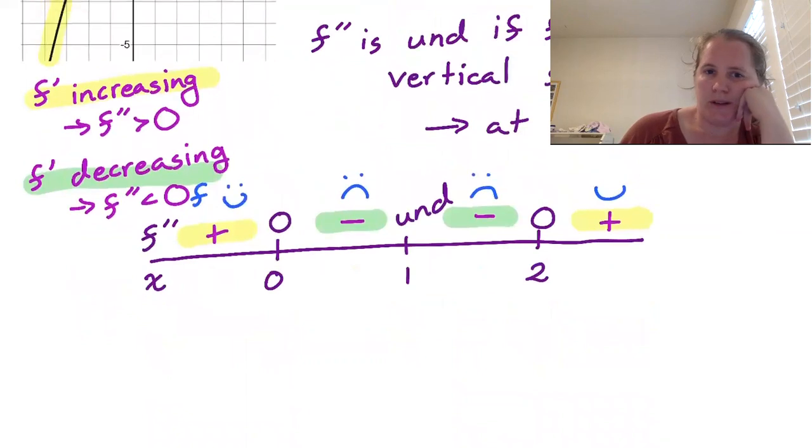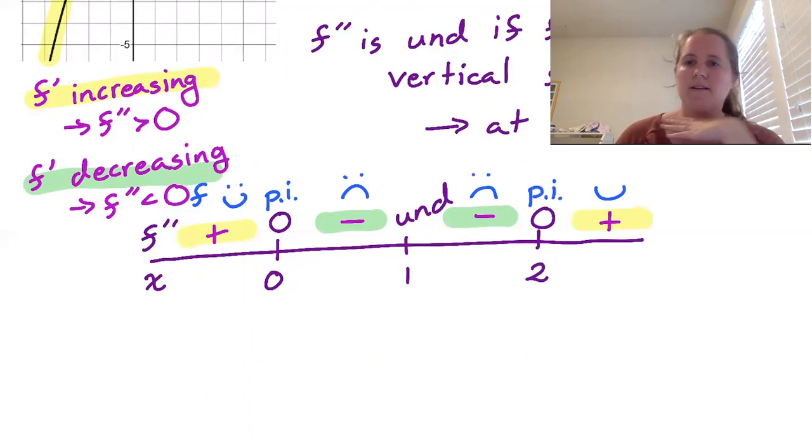So we have a point of inflection at x equals 0. We have a point of inflection at x equals 2. And then it's a little unclear what exactly is happening at x equals 1.